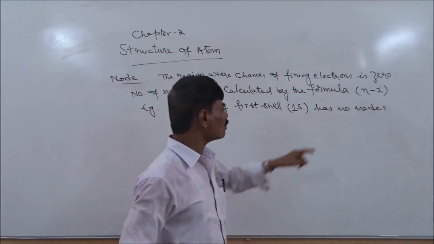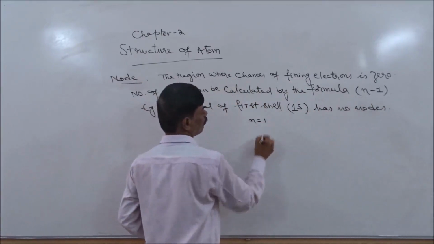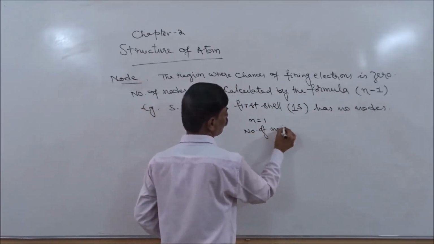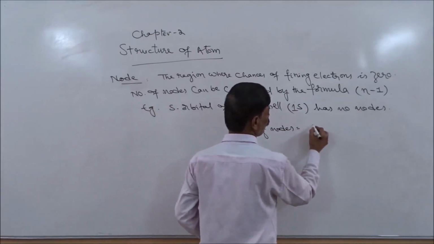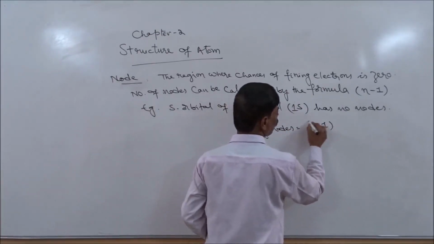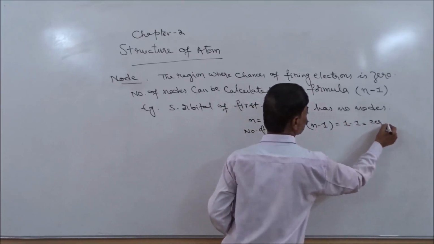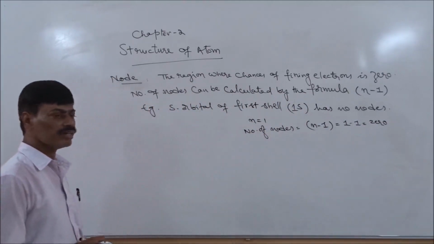So first shell means n is equal to 1. Right? So number of nodes is equal to n minus 1, and that is equal to 1 minus 1, that is 0. So that way 1s orbital doesn't have any node.